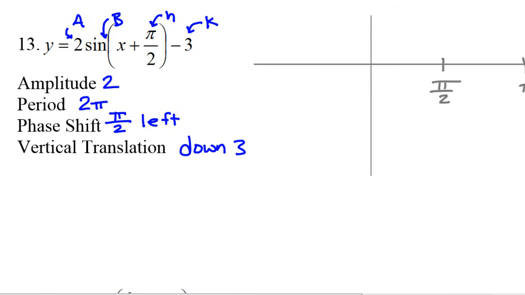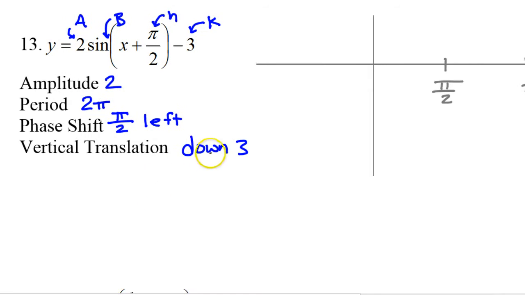Alright, now when there is a vertical translation, you have to look at that. Since we have a vertical translation of down 3, I'm going to need to mark that off on the y-axis.